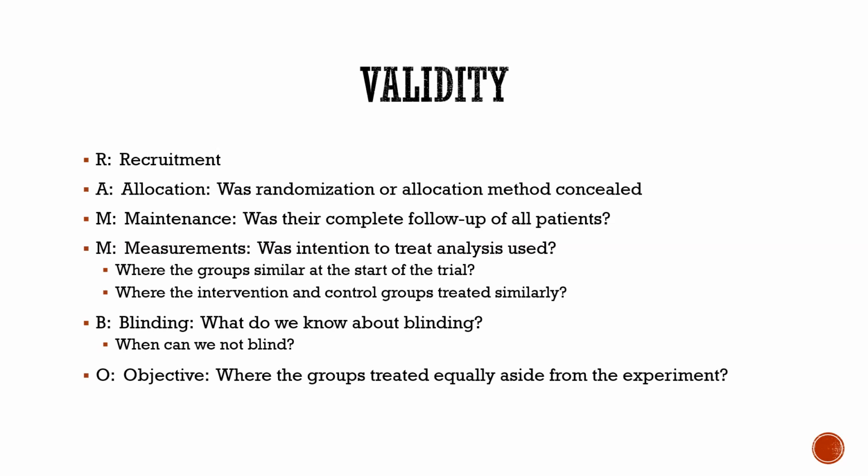Maintenance is important. For the M, was there complete follow-up of all patients? And here, when you randomize into 2 groups, the patients who are in the intervention should stay in the intervention the entire time. You cannot cross them over. And the authors need to consider, in terms of measurements, what happened to the patients that dropped out?